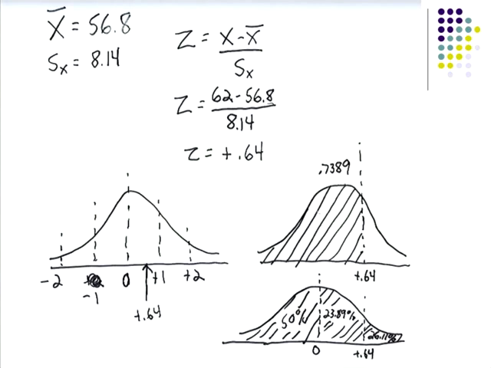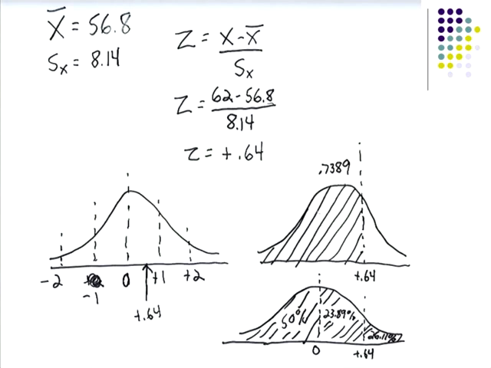Number one, like we said, if 0.7389 is to the left of 0.64, then the opposite, 0.2611 or 26.11%, must fall to the right. It must, because together it must be 100%, or 1.0, or however you're going to work with it.